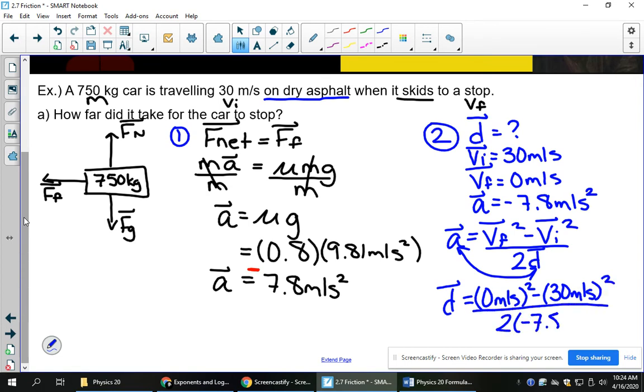Remembering to use not just 7.8, but the number on your calculator screen, that's 7.848. So I'll go ahead and I will divide these numbers now. And I am getting 57 meters.